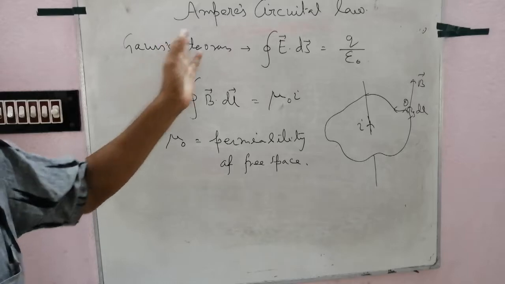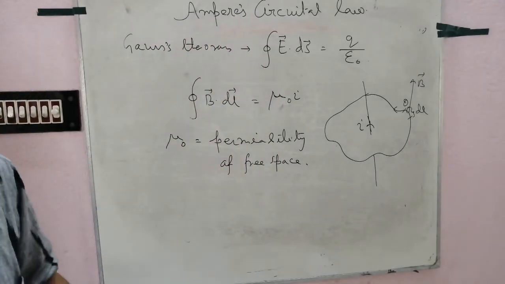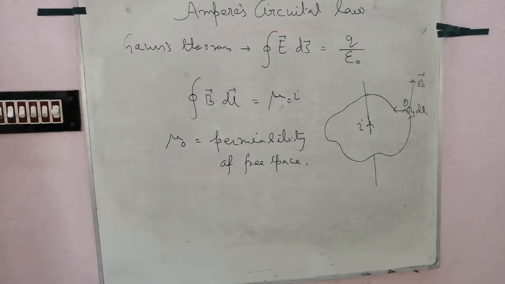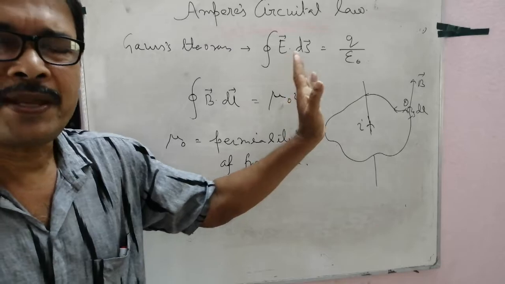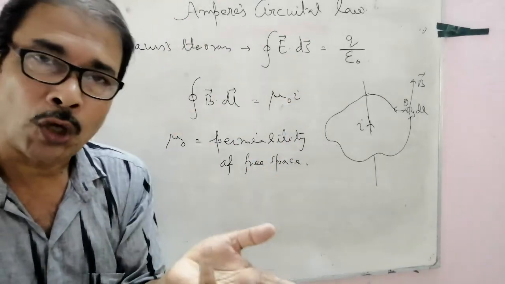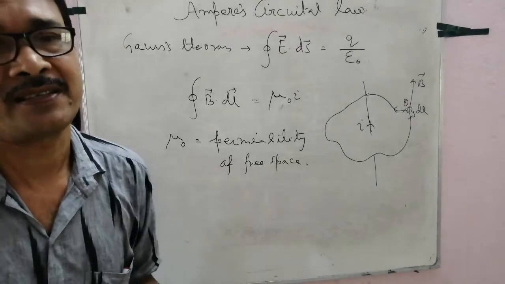So there is an analogy between Gauss's theorem and Ampere's circuital law, but there is also a difference. Follow. Here we consider an Amperean loop, which is a closed path or closed circuit, but a Gaussian surface is a surface. Clear?